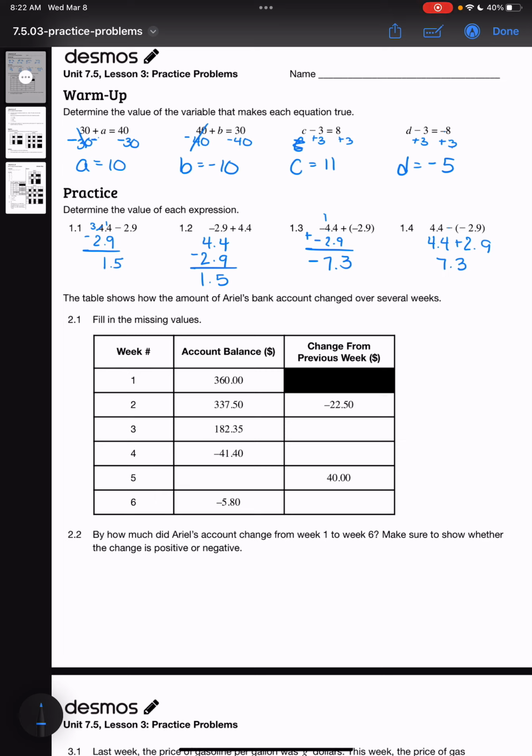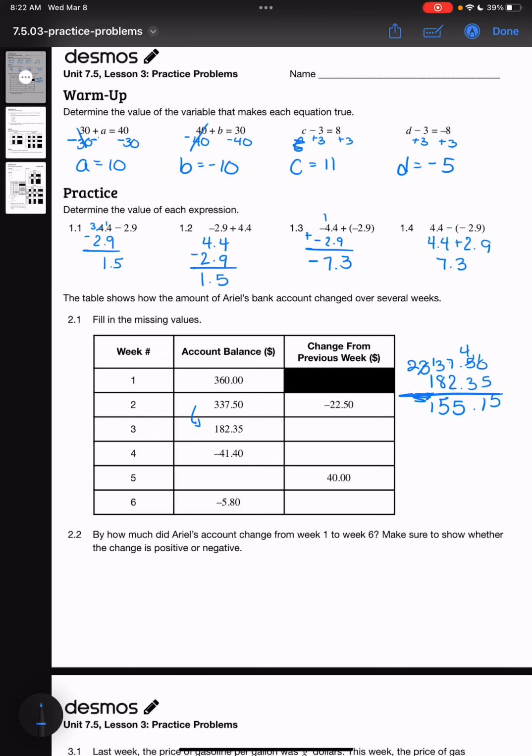The next week, she had $182.35. So what I want to do is find the difference between these two. 337.50 minus 182.35 is 155.15.